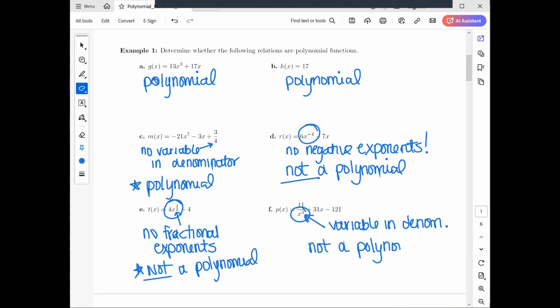So when you're looking at all of these, remember to look for fractional exponents on your variables, negative exponents on your variables, and if a variable is hanging out in the denominator of a fraction. If they break any of those rules, they are not part of our polynomial club.